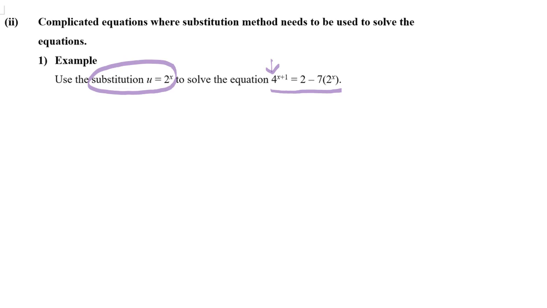So 4, we can write it as 2 to the power of 2. And I'm going to convert the brackets into times, the symbol for multiplication. Okay, here, we're going to apply this rule here.